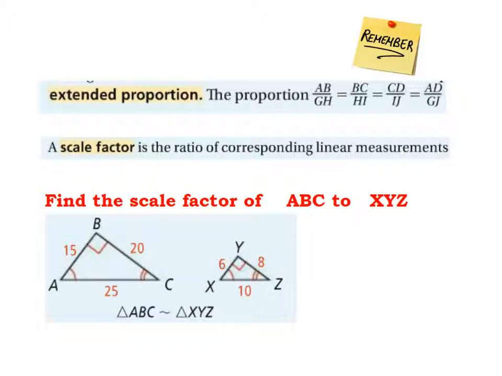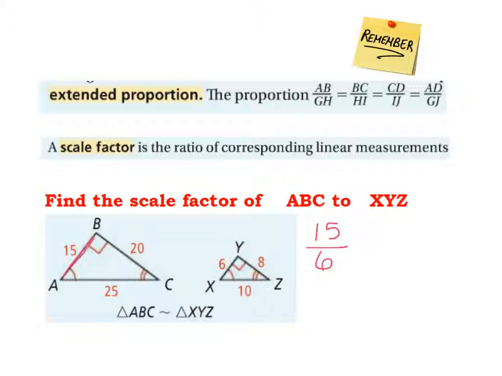So looking at this example, it says find the scale factor of ABC to XYZ. All right, they've already shown that the corresponding angles are congruent, so we're good there. Now what we're going to do is the extended ratio on the sides. I'm going to say, all right, 15 corresponds to 6.